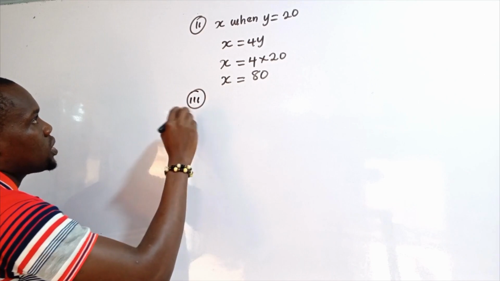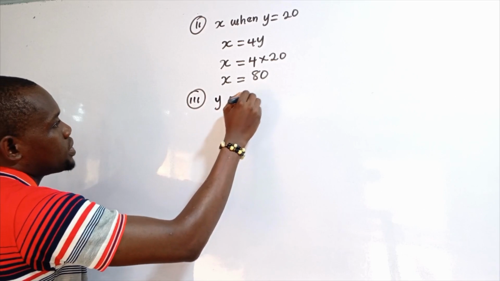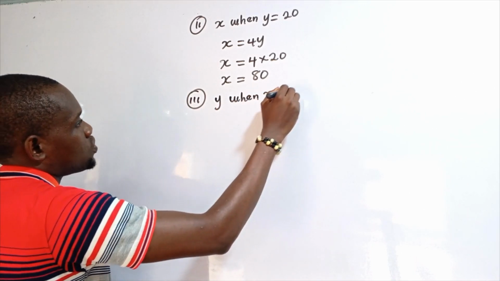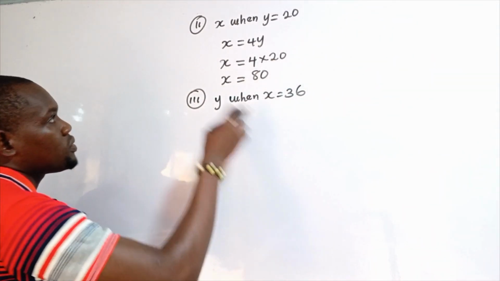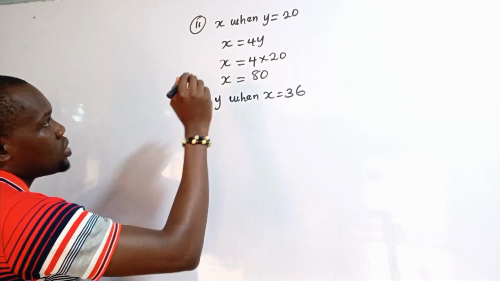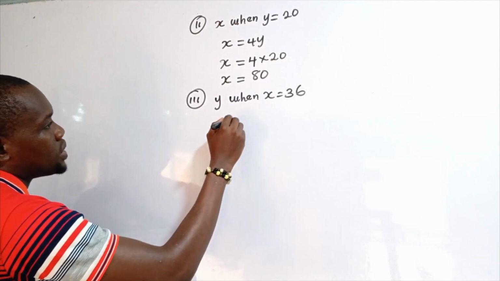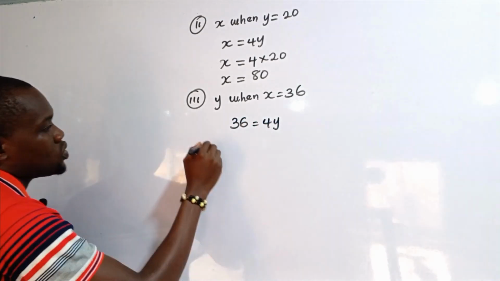Now the same relationship will also help us to solve question 3 as well. In question 3, we are asked to find y when x is equal to 36. So if you substitute 36 for x in that expression, you are going to have 36 is equal to 4y. So what do we do?